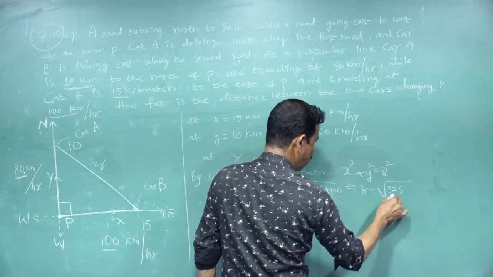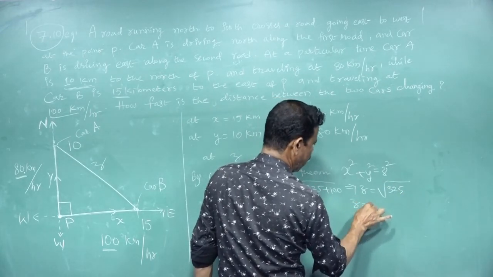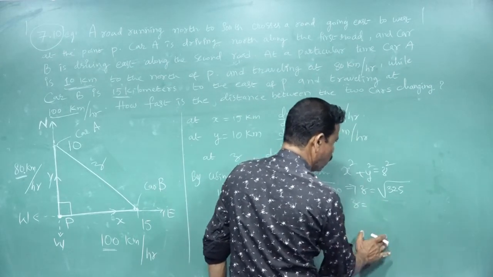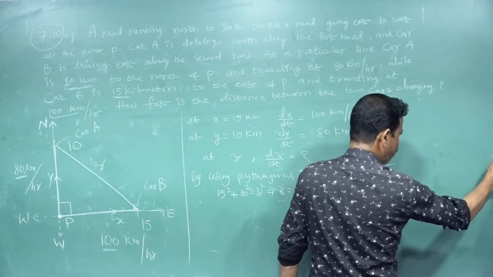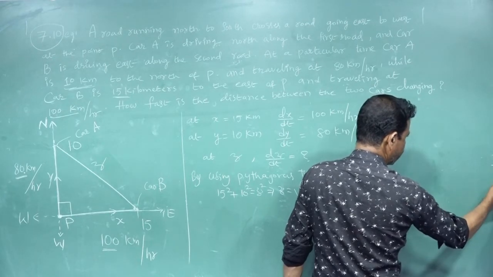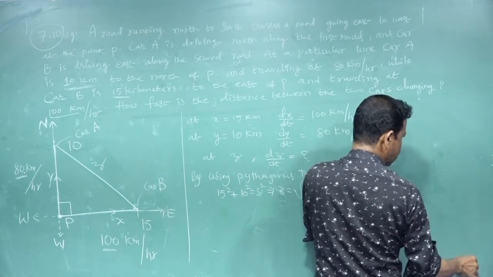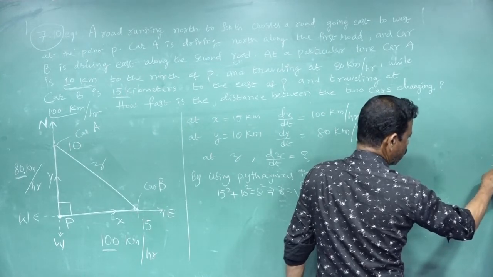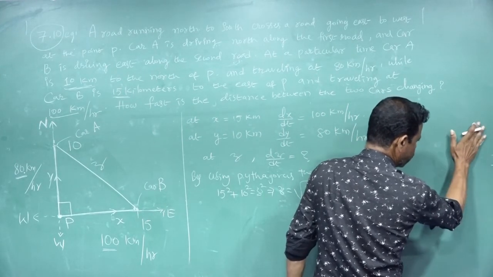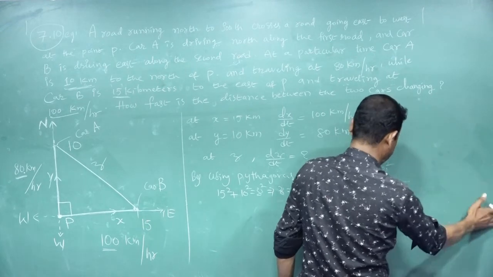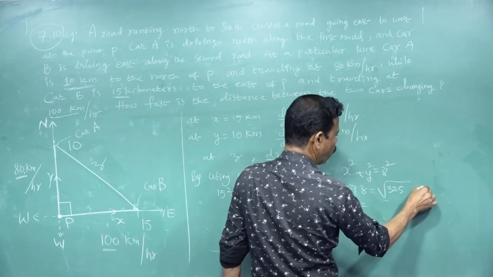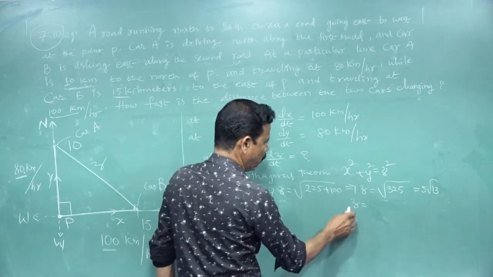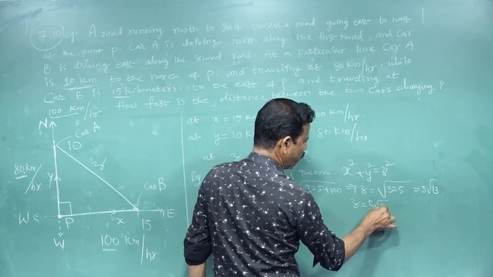So this is the z value finally. 325 by 25, calculate: 25 once is 25, 25 times 13, so 5 root 13. Z value is 5 root 13.